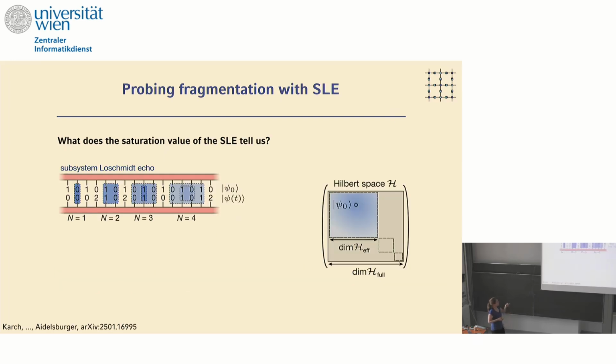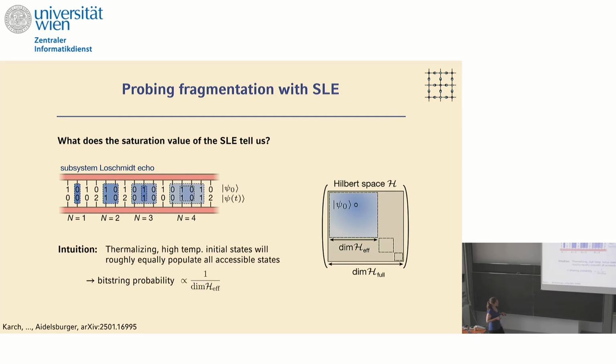And we have been using the subsystem Loschmidt echo for that. And the intuitive argument is very simple. So the idea is that, again, we have this long chain of like 40 or 50 sites. And then we look at a subsystem.